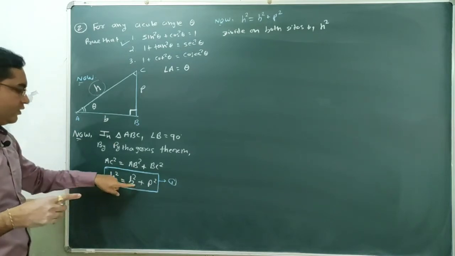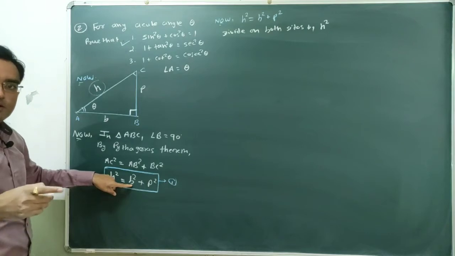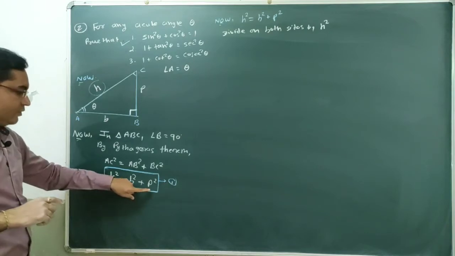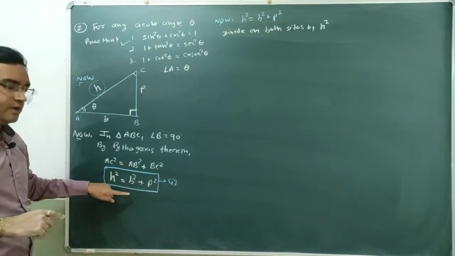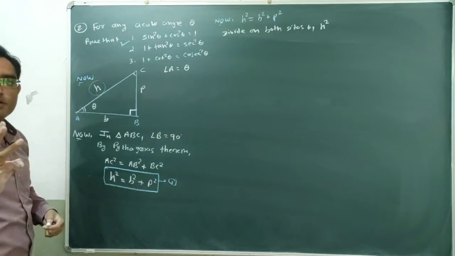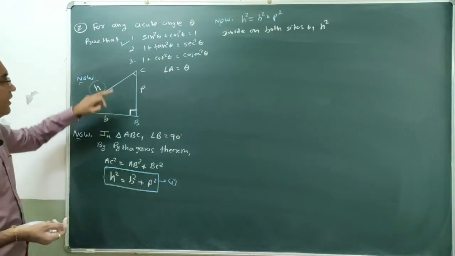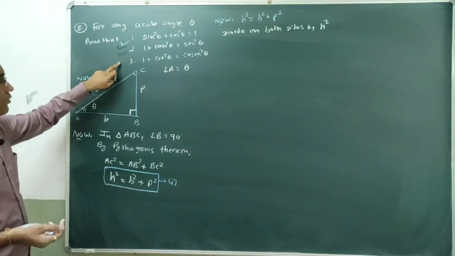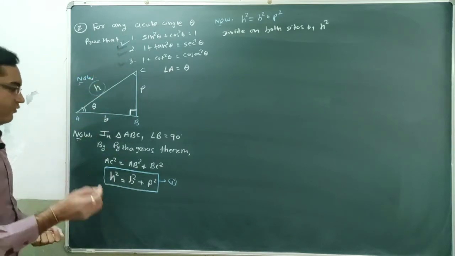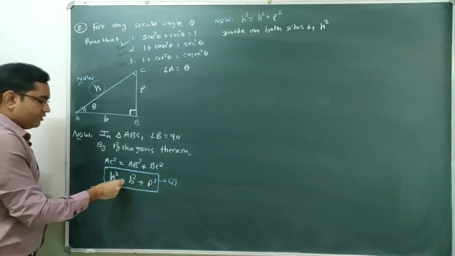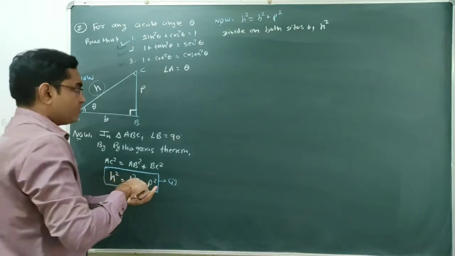Also we can divide this equation on both sides by B square, second option. And third option, we can divide this equation on both sides by P square. We are having total 3 options, and by using all these 3 options we can derive equation number 1, 2 and 3. Done. So our first option is dividing this equation on both sides by H square.